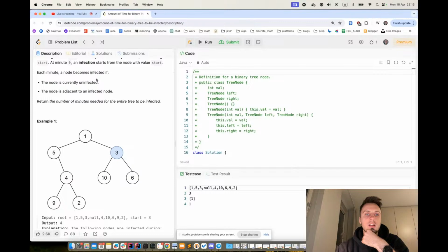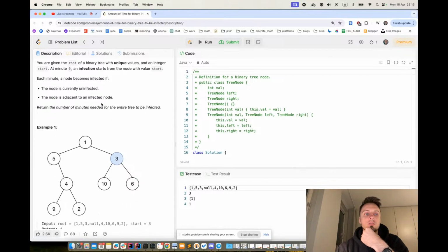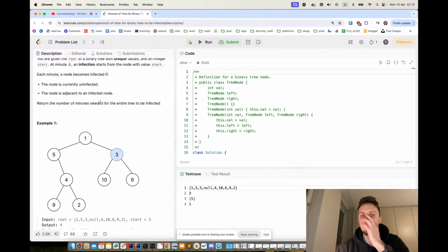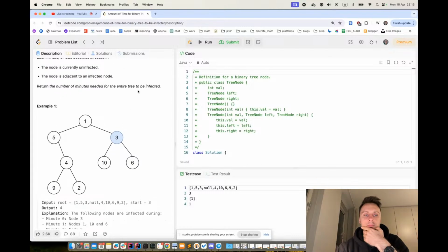Each minute, a node becomes infected if the node is currently uninfected and the node is adjacent to an infected node. Okay, so it's binary tree and we have only 2 children. Return the number of minutes needed for the entire tree to be infected.